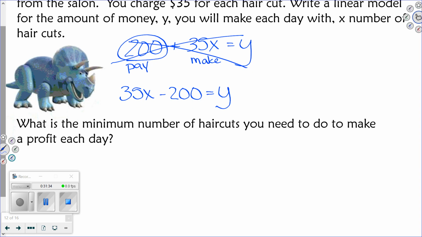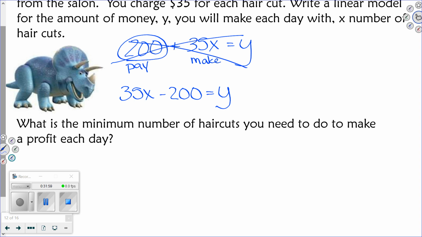What is the minimum number of haircuts you need to do to make a profit each day? Now, is an equal sign the right sign to have in there? No, it needs to be an inequality, right? It needs to be a greater than.